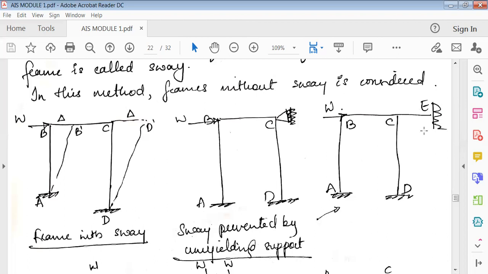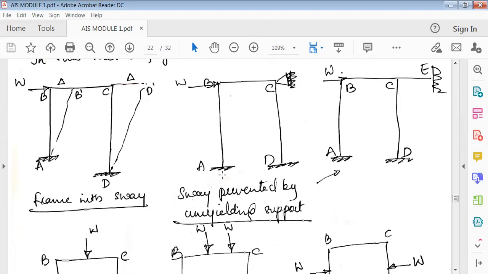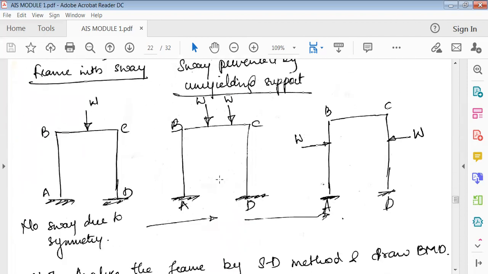That's why the sway, that is the lateral movement, is prevented. So for your study, we have two types: a frame with sway and a frame without sway. Both types of frames are to be analyzed using the slope deflection method.